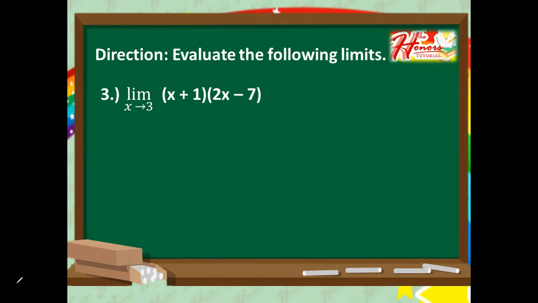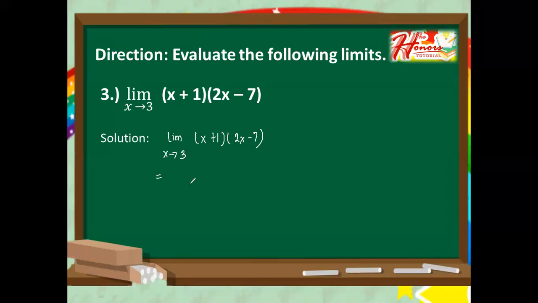So for our solution, first copy the given. So we have here the limit of x plus 1 times 2x minus 7 as x approaches positive 3. And then please substitute the given for x, and that is 3.